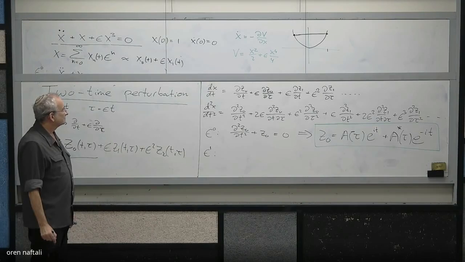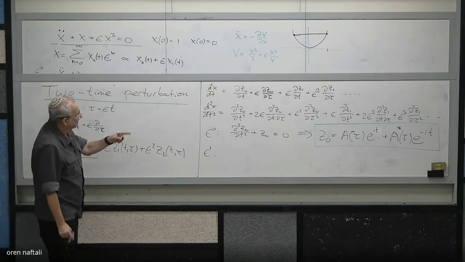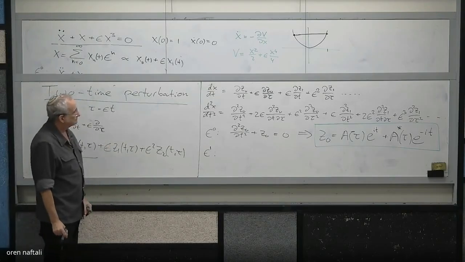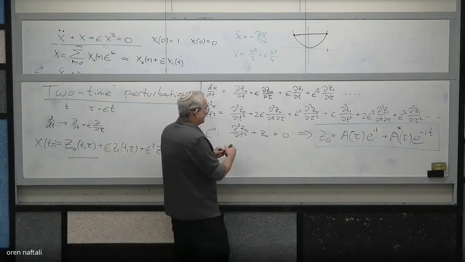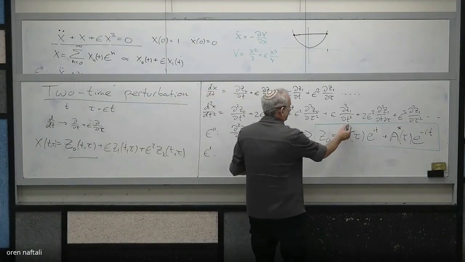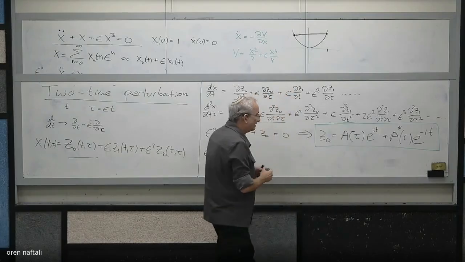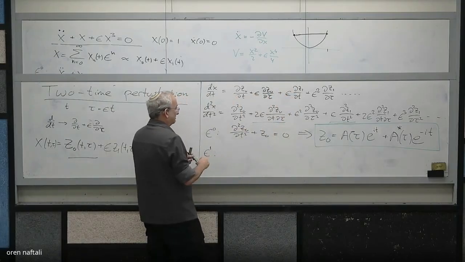So we need for x double dot. What do we have here? 2 epsilon ∂²z0. I have this one, and the second one, and I have this one. Okay? Let me do it like that.